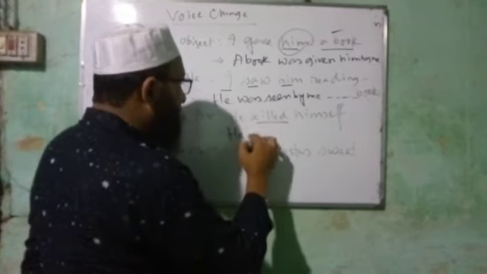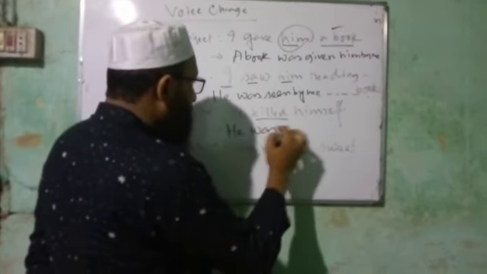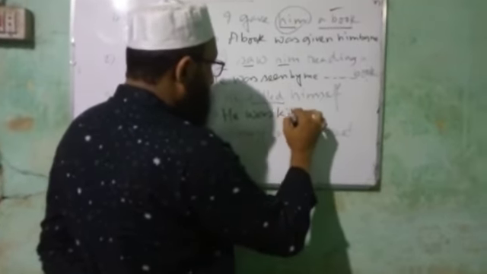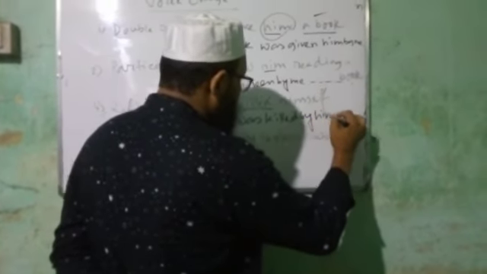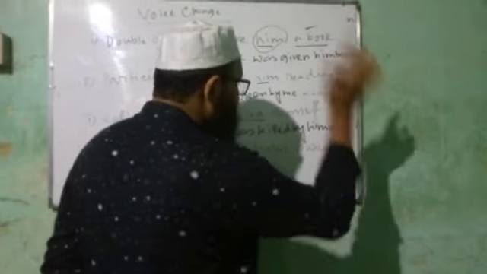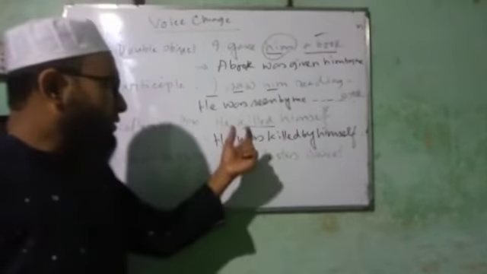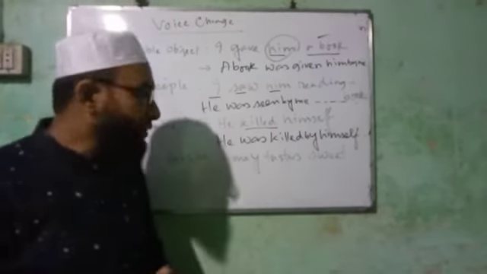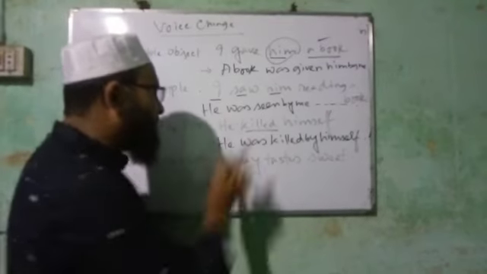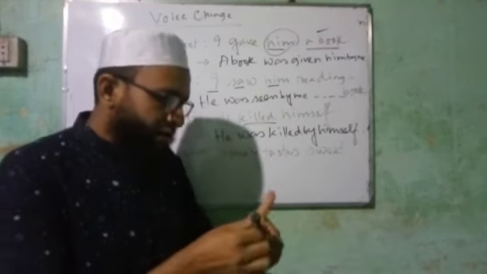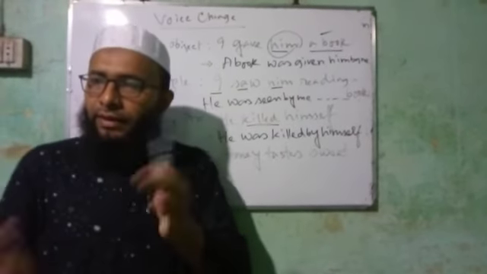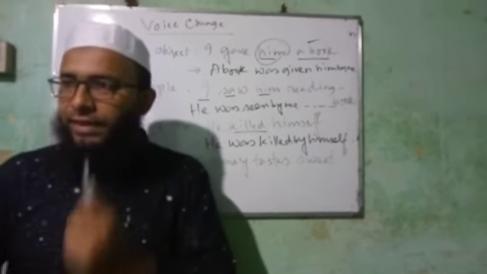He, as it is in past form, he was killed by himself. Thus we have to change the subject and verb. And himself, as it is a reflexive pronoun, will be in the form of an object.